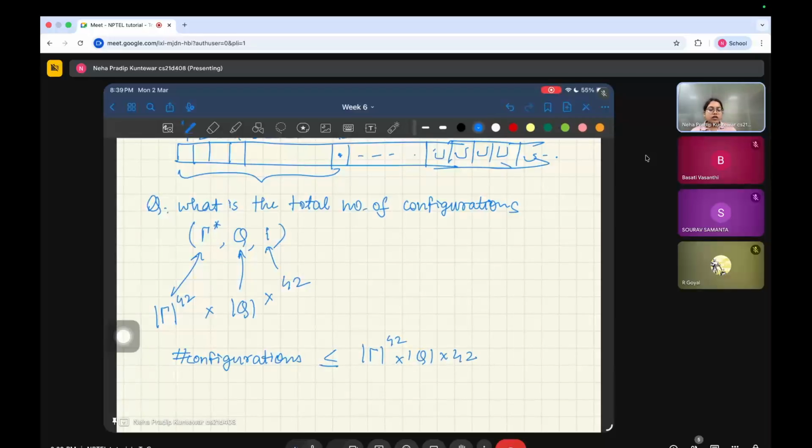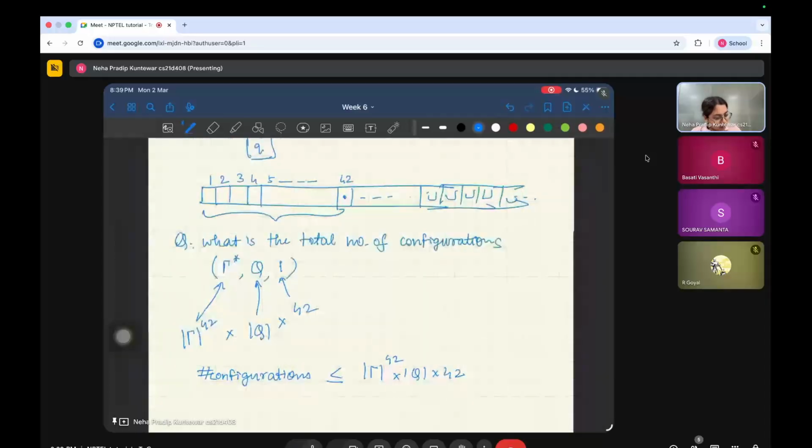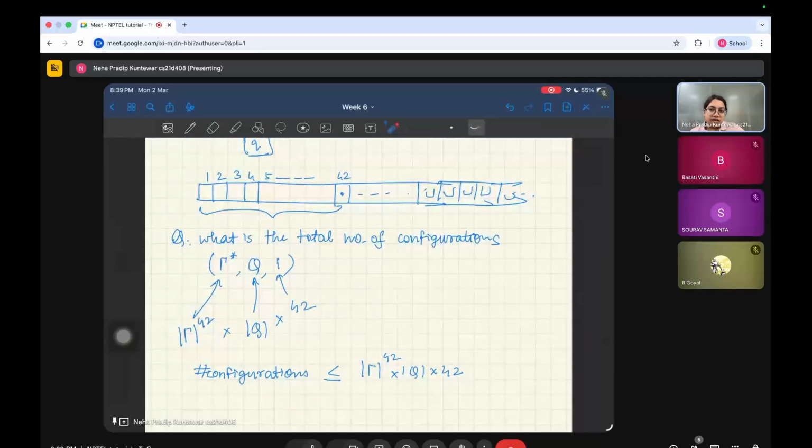Now the claim is that if the machine ever reaches the 42nd cell, then it will have to cross one of these configurations. If it never touches 42, then it will repeat one of the configurations.